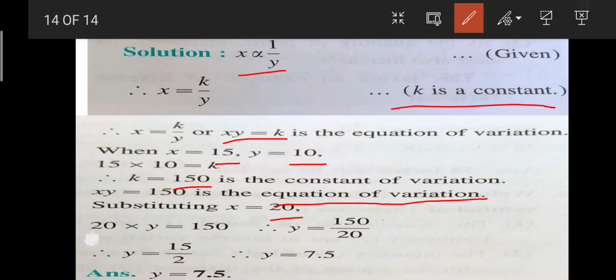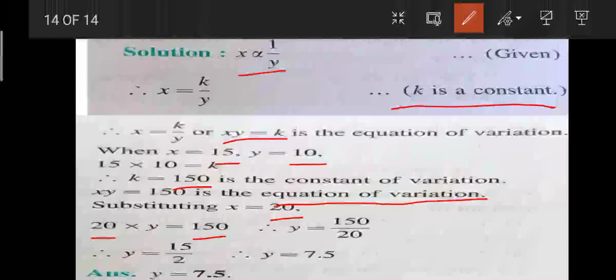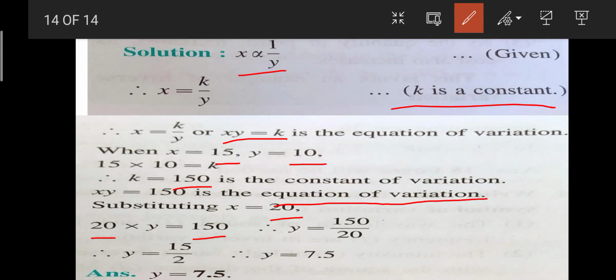Here we have the value of x and the equation of variation, with the constant. Now we are going to divide. Why do we divide here? Because here it is a multiplication. Anything that crosses the equal to sign, the sign changes. Multiply changes into division, division changes into multiply, addition changes into subtraction, and subtraction changes into addition.